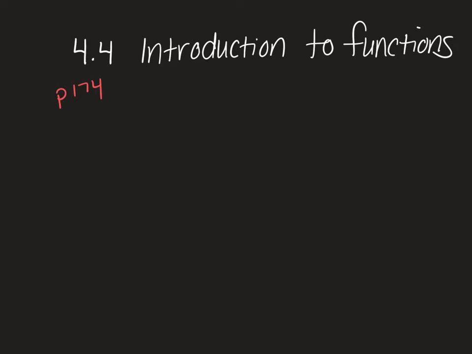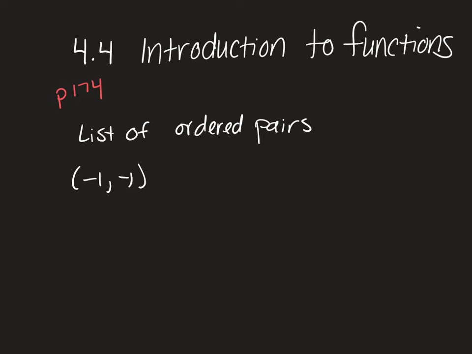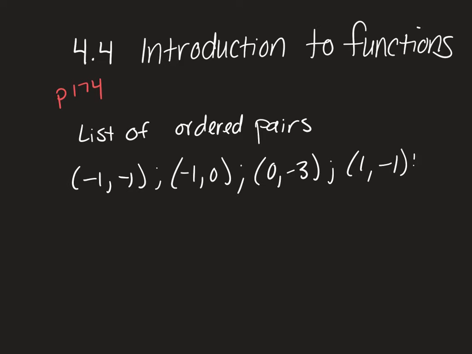One of the ways that we can list or describe functions is by a list of ordered pairs. So, for example, let's say we have (-1, 1), (-1, 0), (0, -3), (1, -1), and (2, 5).